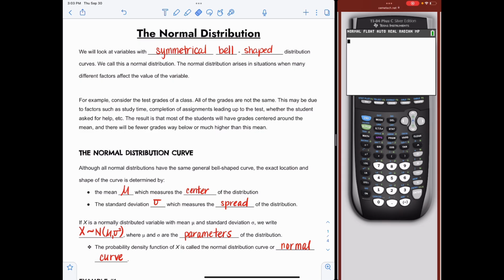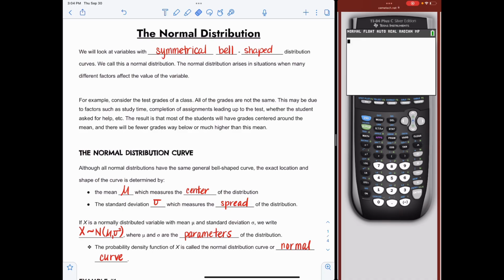So now let's talk about the normal distribution curve. Although all normal distributions have the same general bell-shaped curve, the exact location and the shape of the curve is determined by the mean, which we denote as the Greek symbol mu, which represents the center of the distribution. And we also look at the standard deviation, which is represented by the Greek symbol sigma, which represents the spread of the distribution.